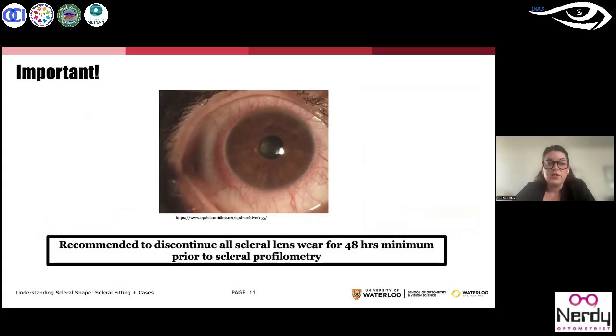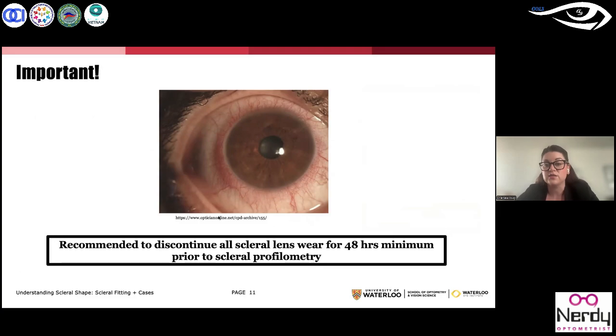So, a good time to note: if we're going to be running any of this scleral profilometry technology on our patients, we definitely have to discontinue all scleral lens wear for a minimum of 48 hours prior to performing the scans. You can see from this photo there's a little bit of an indentation ring there.